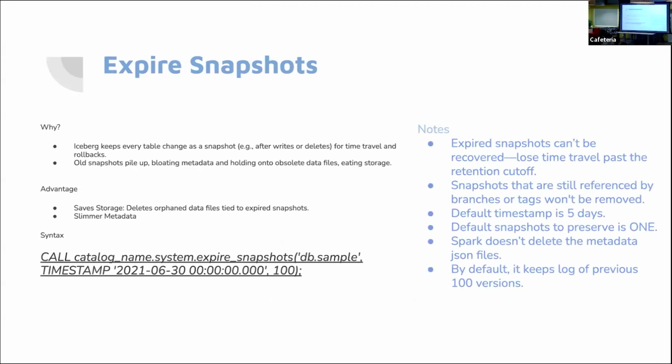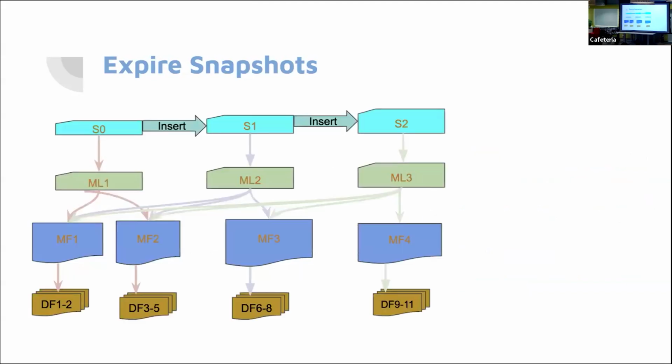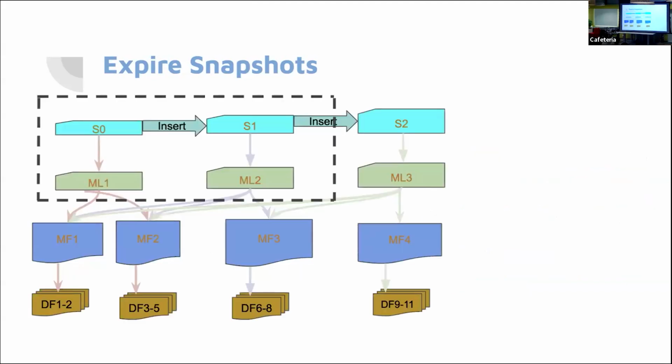Expire snapshots expires all the previous snapshots. You have to understand which snapshots are not required for time travel. It expires those snapshots and removes all the metadata files related to those snapshots. In this diagram, this is what it does: it expires and it deletes. If you see, it is only deleting manifest lists 1 and 2.